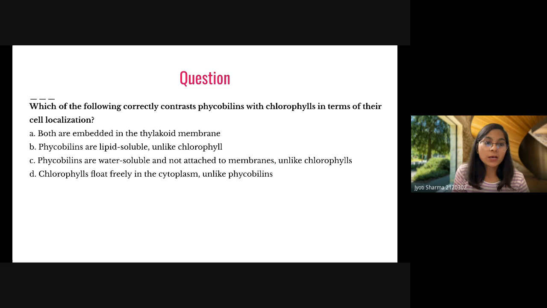B is phycobilins are lipid soluble, unlike chlorophyll. C is phycobilins are water soluble and not attached to membranes like chlorophyll. And D is chlorophyll floats freely in the cytoplasm, unlike phycobilins.